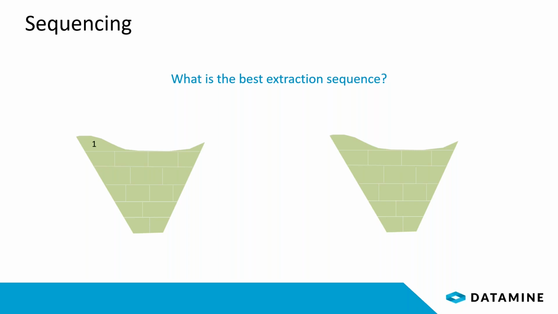So in our little example, should I start with the blocks from the left-hand side and go as deep as I can, as fast as I can, using this sequence, or should I start with the blocks on the right-hand side and only start mining a lower bench when I'm done with the previous bench? So sort of a top-down sequencing.